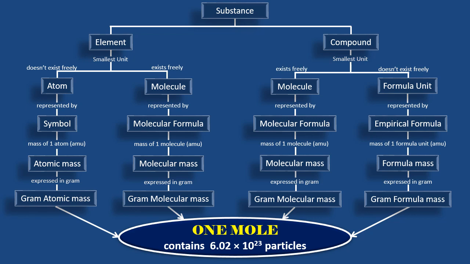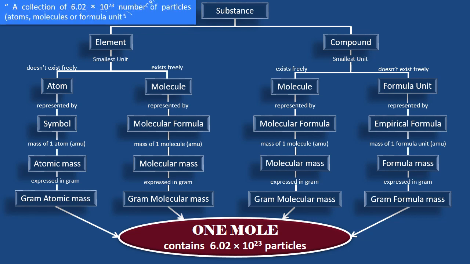As I told you, today's talk revolves around mole, so in this very flowchart, I have given two definitions of mole. Can you point out those? Okay, good. First is: a collection of 6.02 × 10^23 particles is called 1 mole.